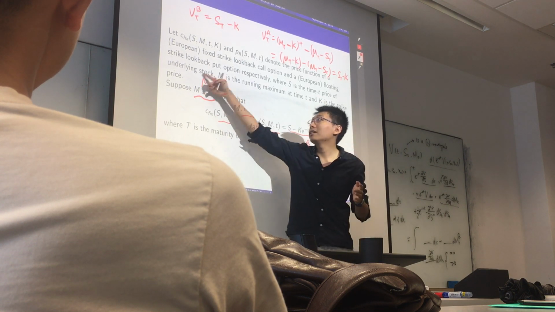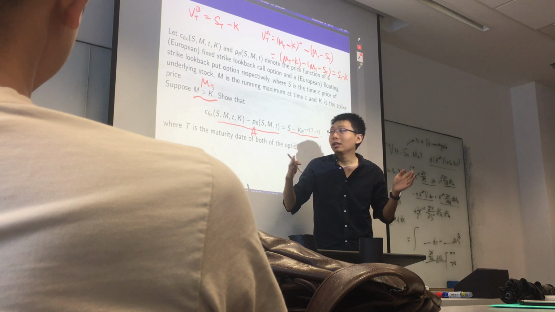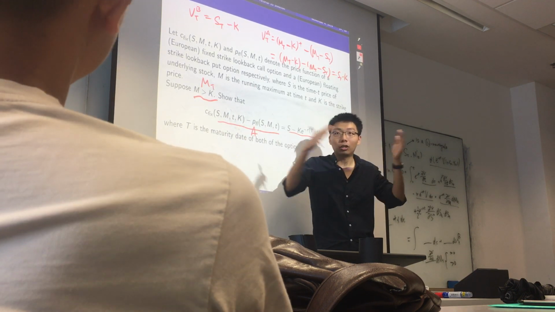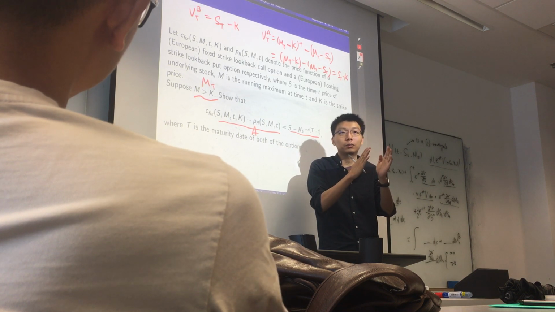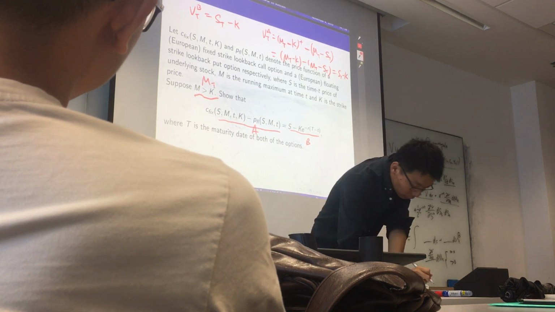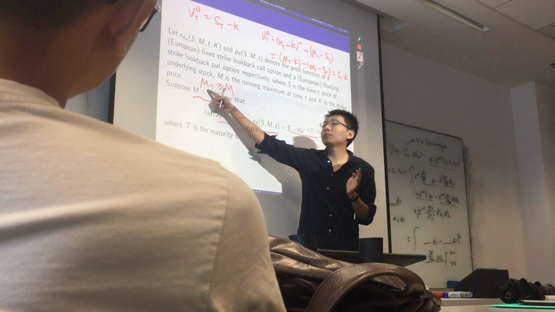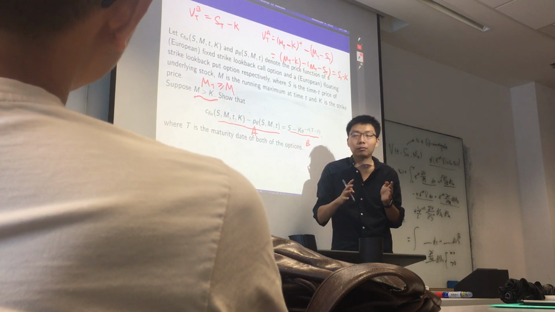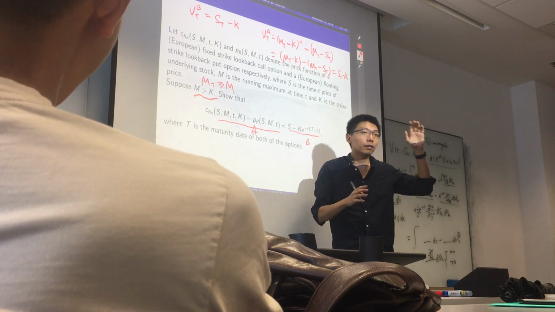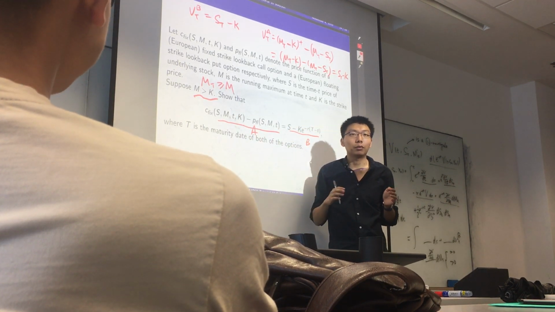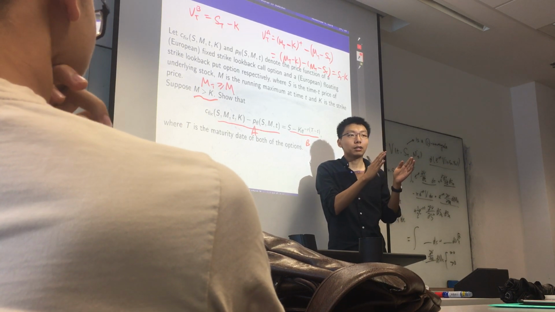This is the whole period maximum, and this is the previous period maximum. Of course, the whole period maximum should be larger than the first period maximum. So MT is always greater or equal to the current M. MT stands for the maximum of the stock price from 0 to T, while the current M stands for the maximum from 0 to the current time t.